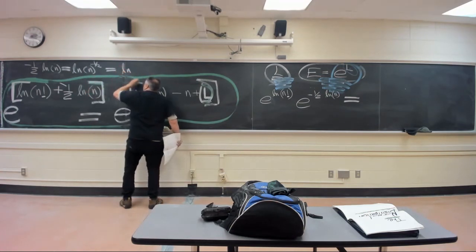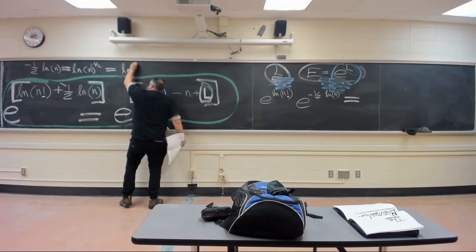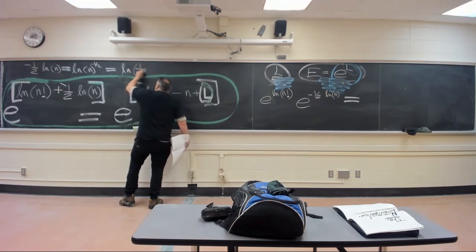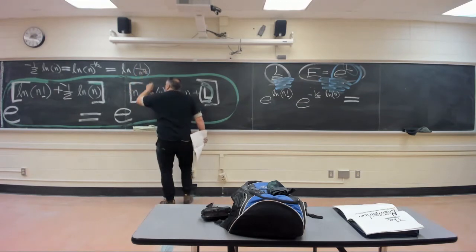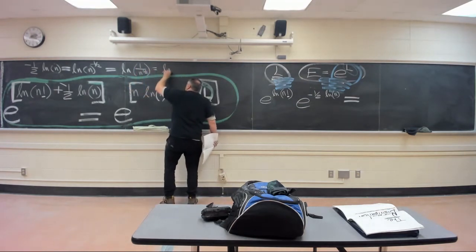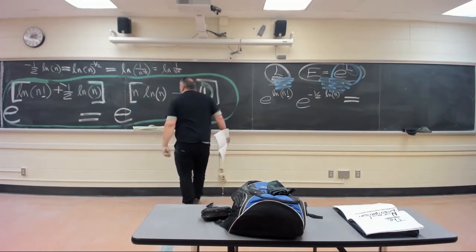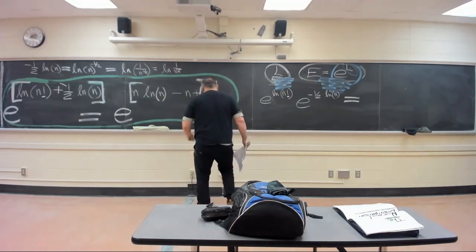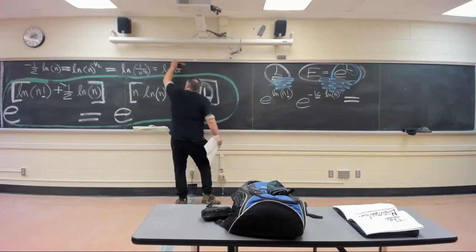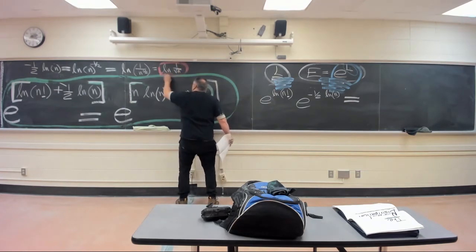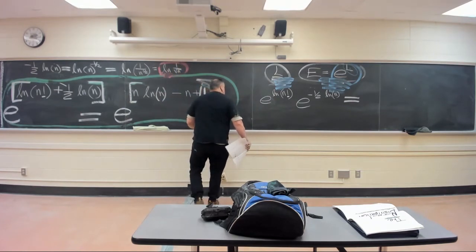Well, that's ln of 1 over n to the half. Wait a minute, n to the half is the square root of n. We know that.